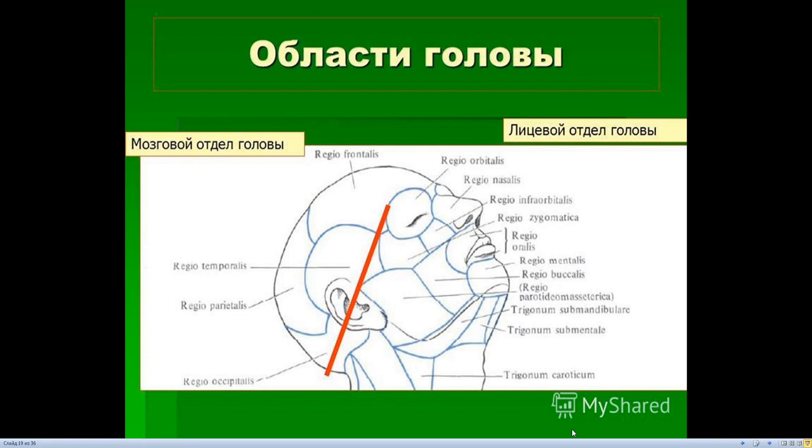Regions of the head. Facial part of the head can be divided into two parts: anterior and lateral. As you remember, anterior part includes orbit, nose, mouth.